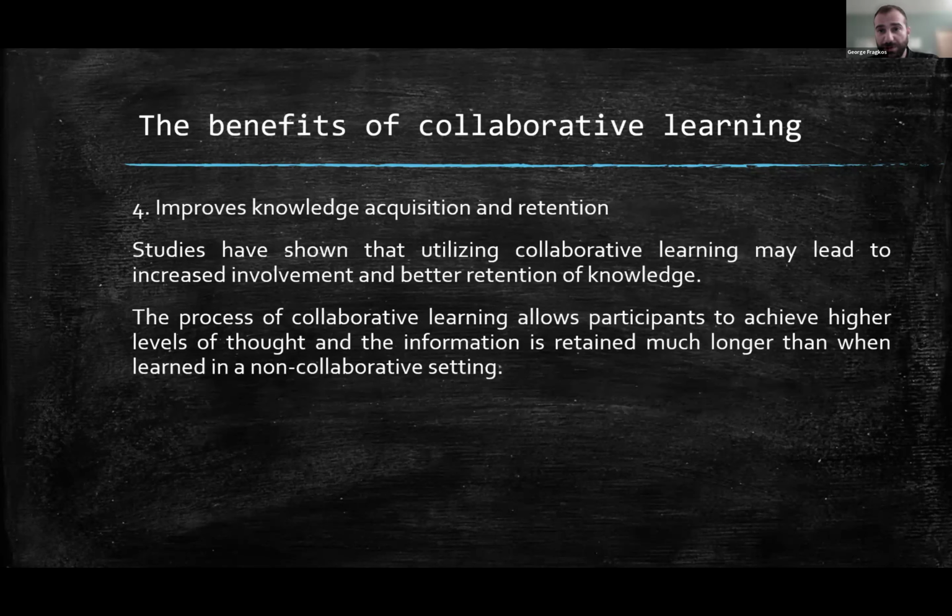Another benefit of collaborative learning is that it improves knowledge acquisition and retention. We mentioned that before. Studies have shown that utilizing collaborative learning may increase involvement and better retention of knowledge. My opinion is that, okay, I understand why involvement increases, it's pretty easy to understand, but the retention of knowledge, why? Because it is what I said before.